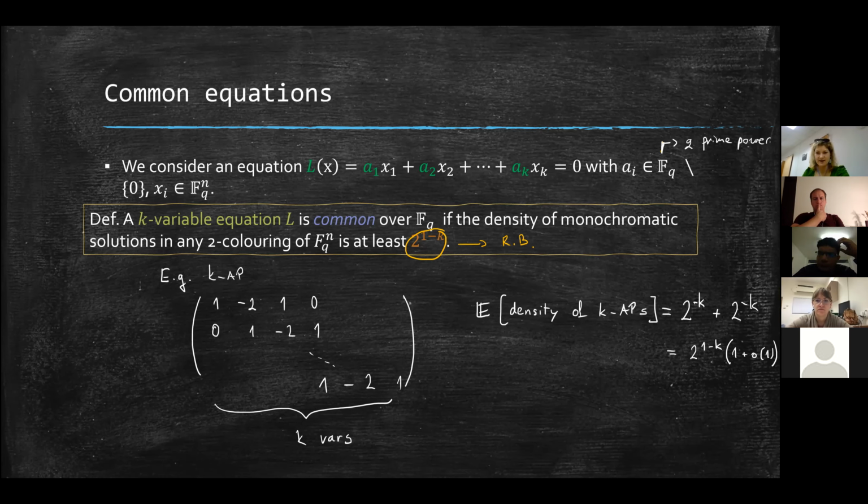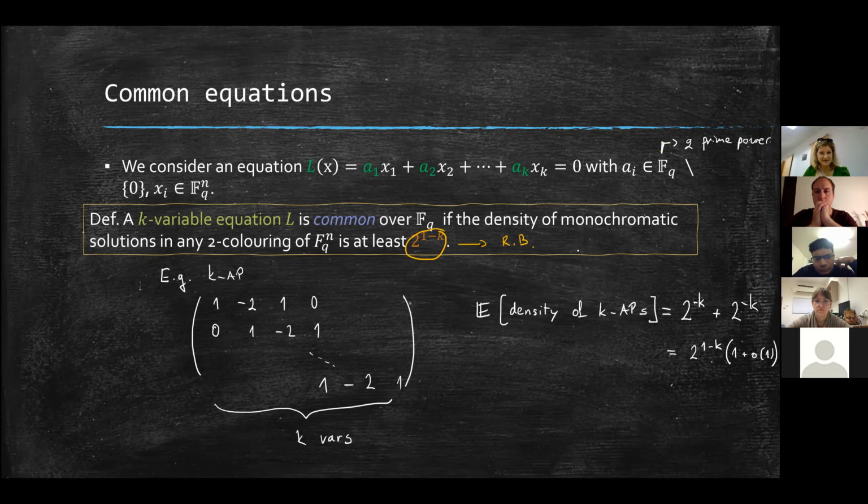And why do I need that extra term? Well, that's because there are some boring arithmetic progressions, for instance, the constant arithmetic progression, for which this calculation is not true. But most arithmetic progressions are actually interesting, non-degenerate, so they have k distinct components. So this is the correct expected density.